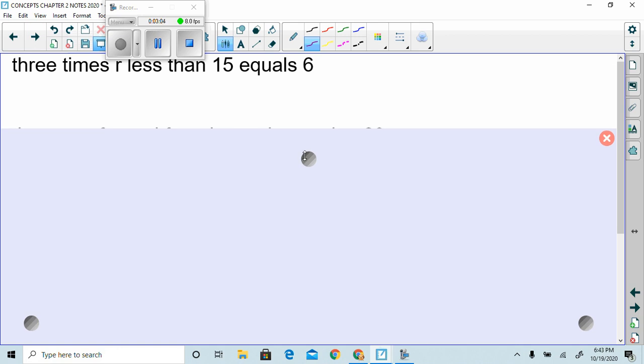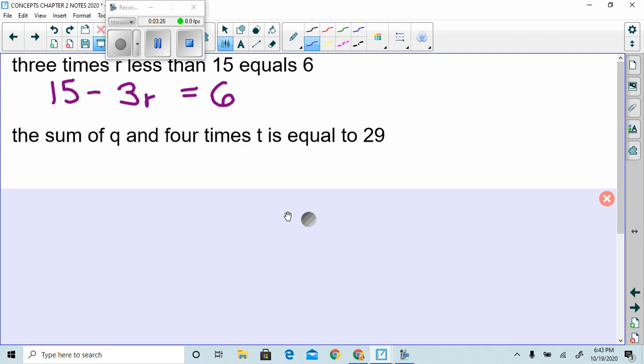Here they're giving me variables to use, telling me specifically what letter. 3 times r less than 15 equals 6. The sum, again I'm adding, the sum of q and 4 times t equals 29.